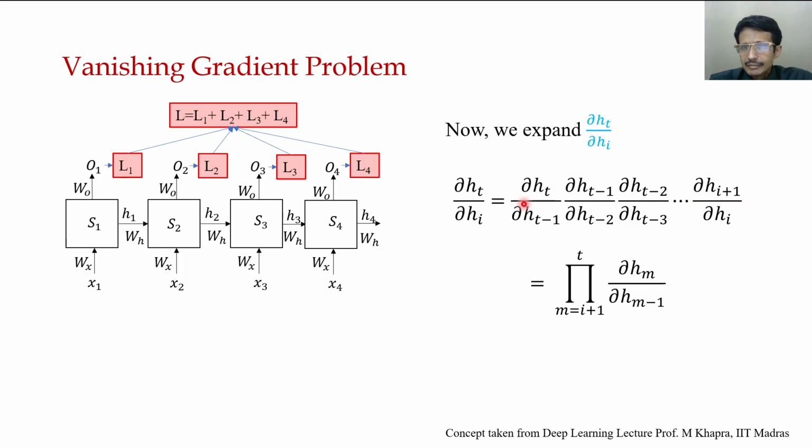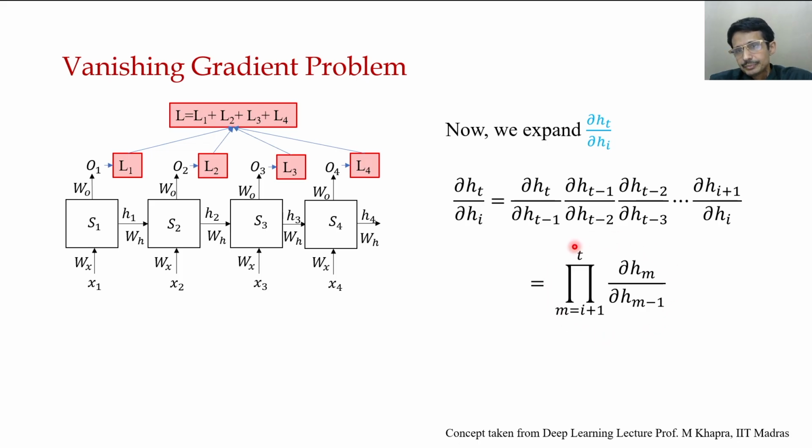So essentially if we write it here, it is a capital pi, a multiplication, m equal to i plus 1 to t, del of hm by del of hm minus 1. So this is what we are going to find here.